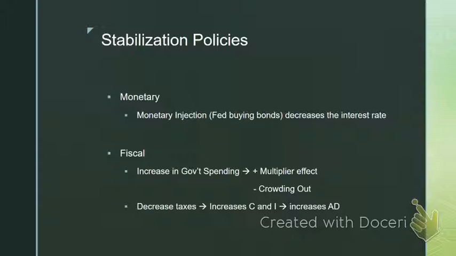With government spending, when the government spends money, there's going to be some crowding out. So that's going to take away from the multiplier effect. Or they can decrease taxes. That increases consumption and investment, increases aggregate demand, but not as much as government spending, because why? When there are tax cuts, what do people do?